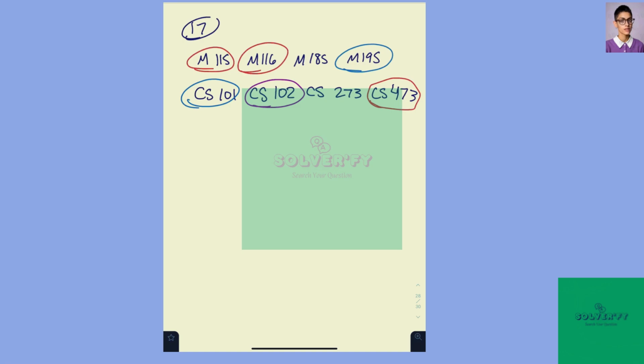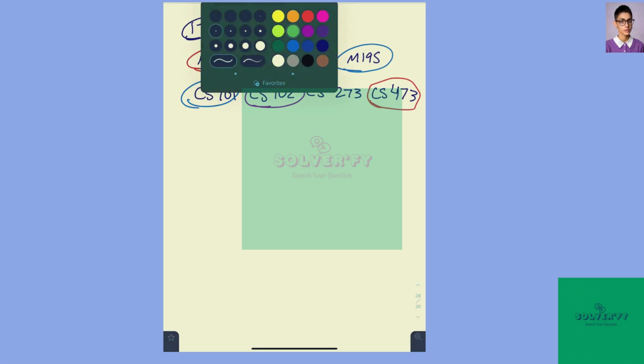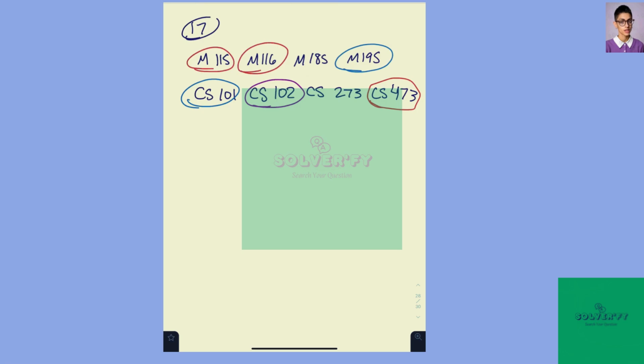Then we have 115 and 185, and 185 and 195. So since we have 115 and 185, but we know that 185 does not go with 116 or 473 for that matter, it's going to have to stand on its own.